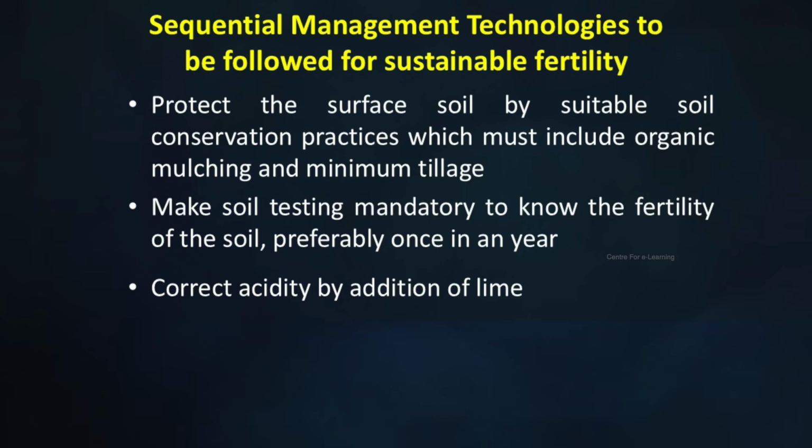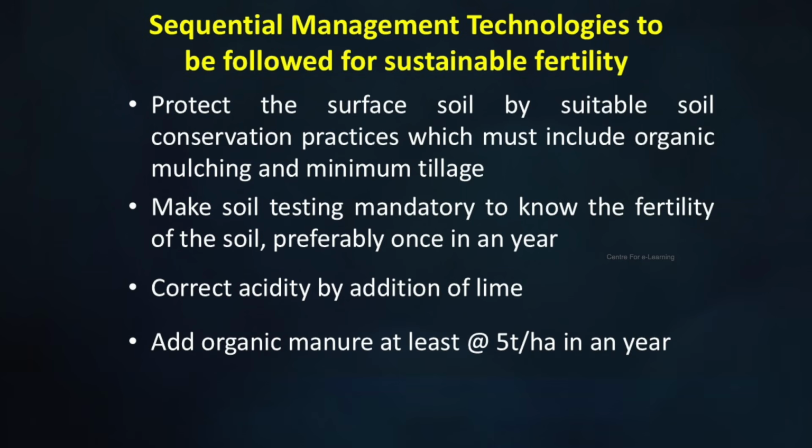Moisture should be ensured before applying any of these amendments or fertilizers. Then after applying lime and correcting the pH, give time for say 10 to 14 days, around 2 weeks. After that, you can add organic manure, preferably processed manures like different forms of compost, at least 5 tons per hectare.